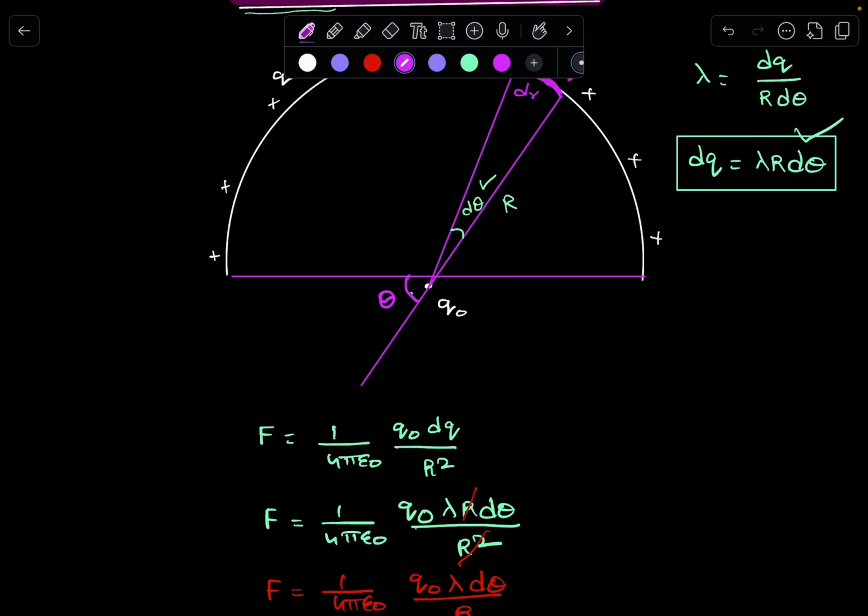So whenever it makes an angle theta, the horizontal component will be this one. So we can write it as Fx is equal to F cos theta. If we know the horizontal component, easily we can calculate the vertical component. So the vertical component will be Fy is equal to F into sin theta.